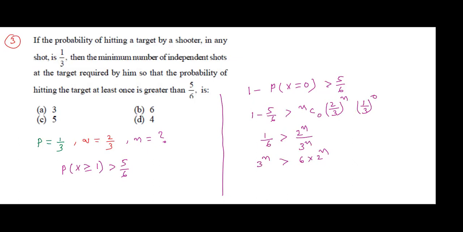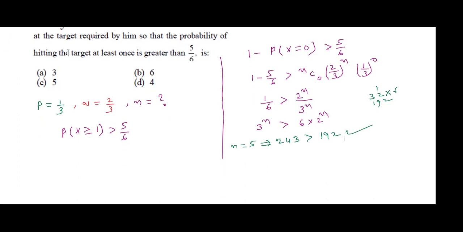I am going to directly take n is equal to 5. 3 power 5: 3 cube means 27, then 81, this is 243. 243 is greater than 2 power 5, which is 32, 32 into 6 is 192. Yes, this condition is satisfied.